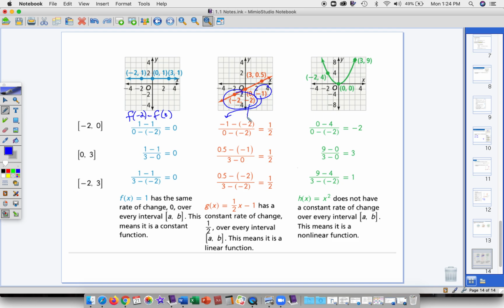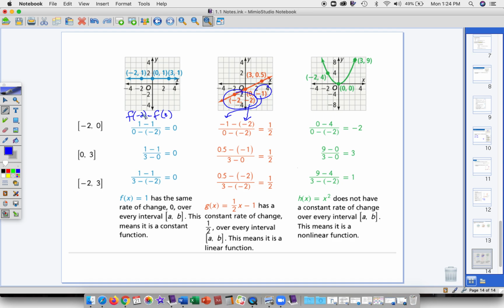Here's the -2. Again, this time they did the reverse order of f of 0 minus f of -2. When we calculate that, we get -1 minus a -2, that's the same as -1 plus 2, which gives us 1. And then down in the bottom, it's just the difference of those y values.